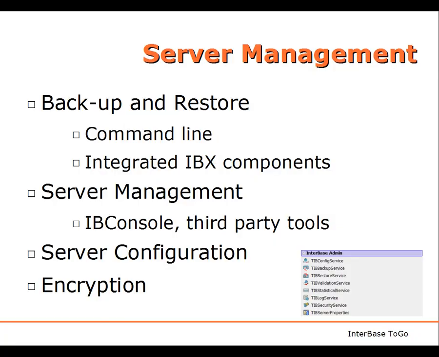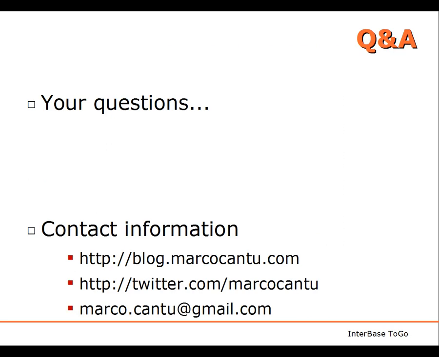Again, sorry for not having gone too much in depth into the server management, but there were quite a few things to cover in terms of getting applications running with InterBase ToGo on Windows and on the Mac, using VCL on Windows and using FireMonkey on Windows and on the Mac.